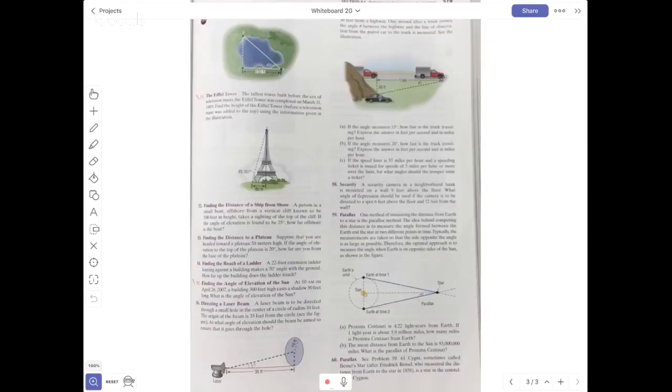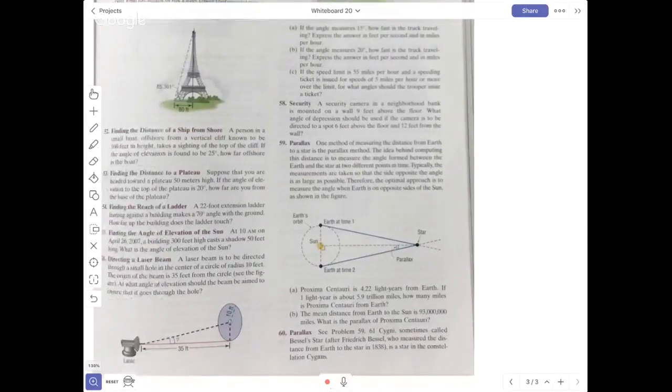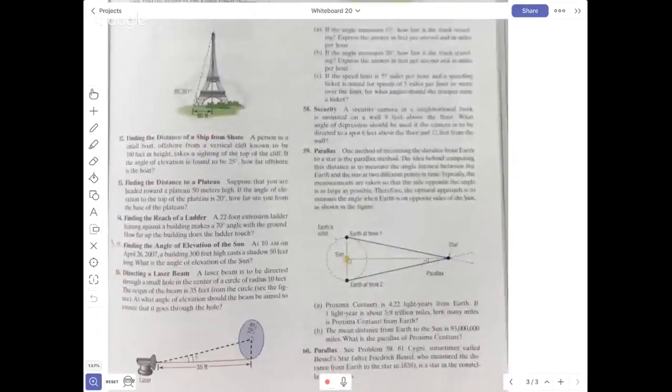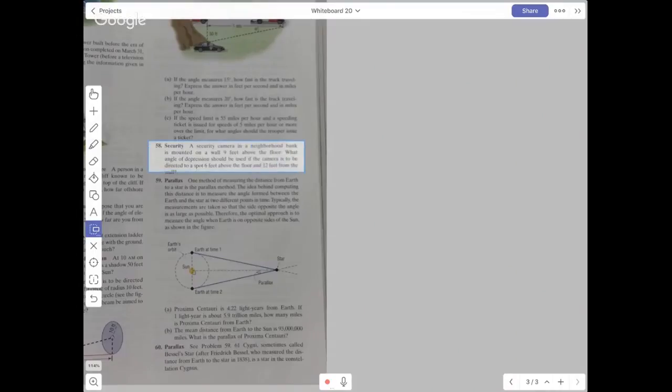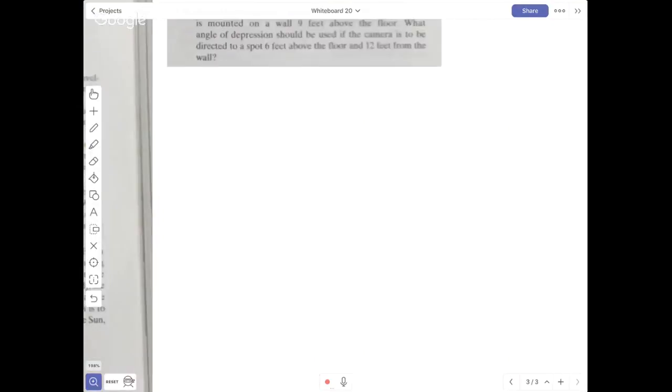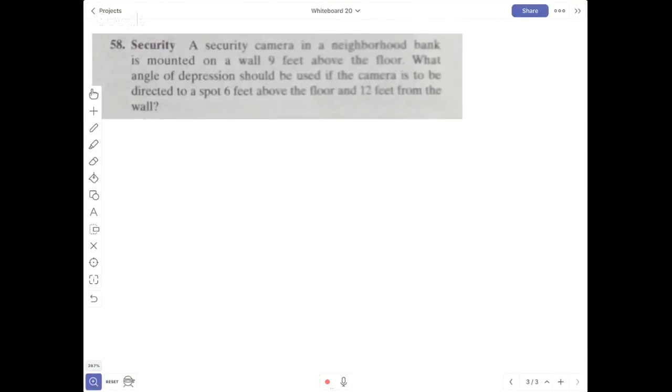So I'm thinking, let's see, where's a good word problem? Ooh, I like this one. Number 58. A security camera in a neighborhood bank is mounted on a wall 9 feet above the floor.